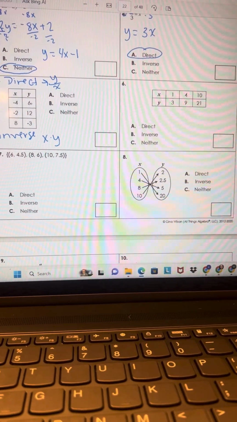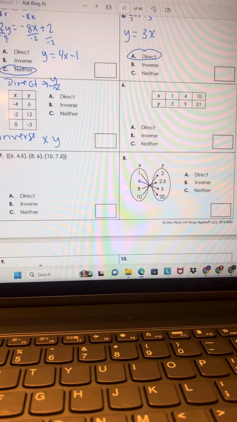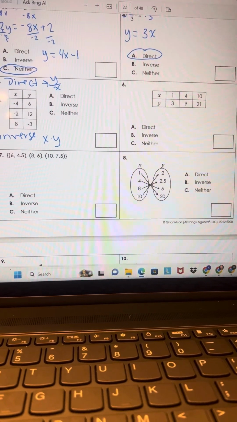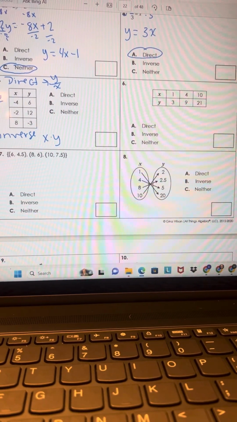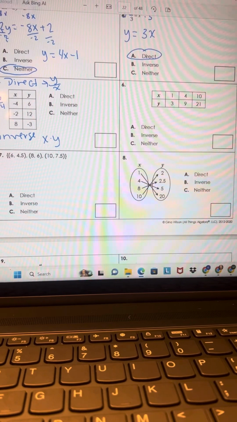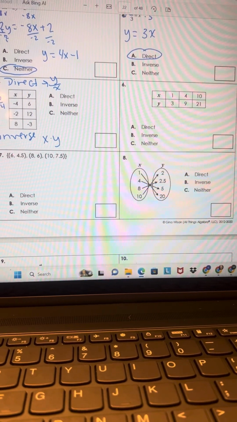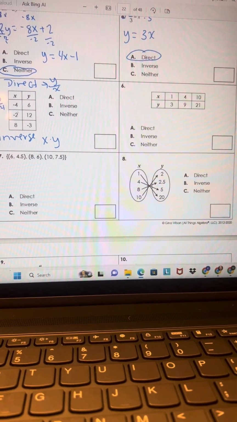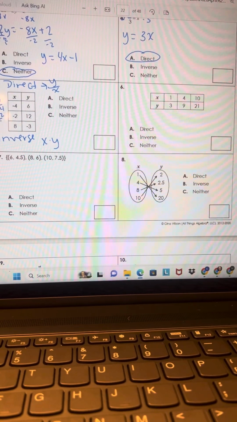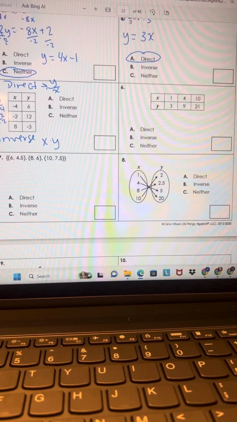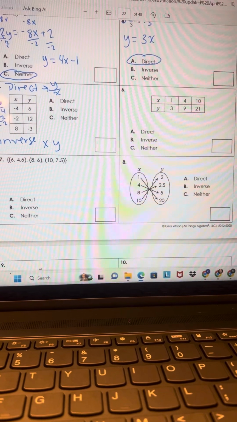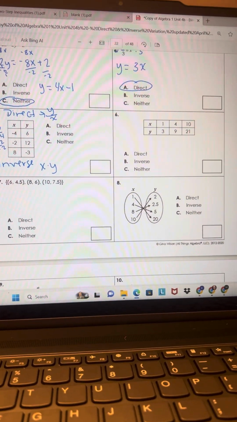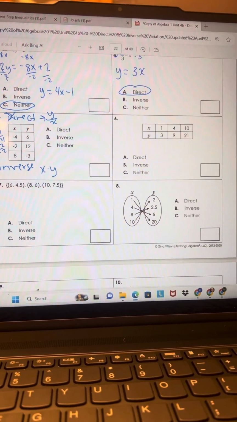So looking here, if we want to check, we want to see if we have a constant. So 6 divided by negative 4 is negative 3/2. Then 12 divided by negative 2 is negative 6. So already I can tell this is not direct.